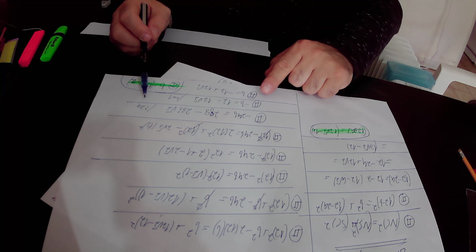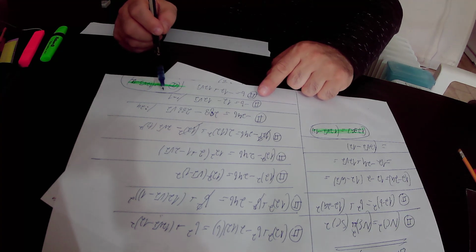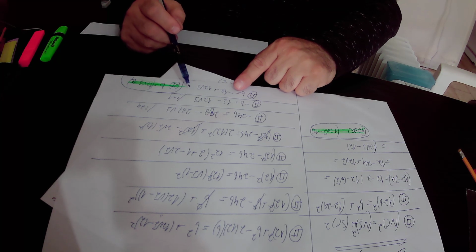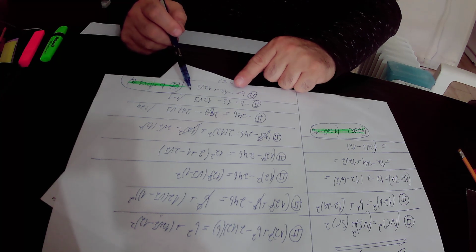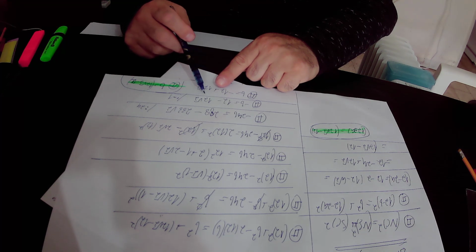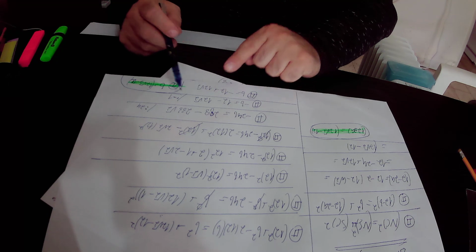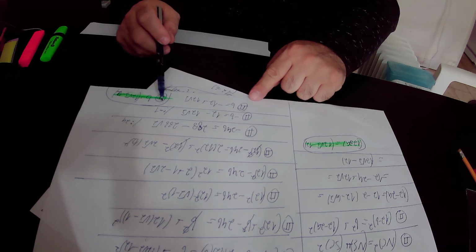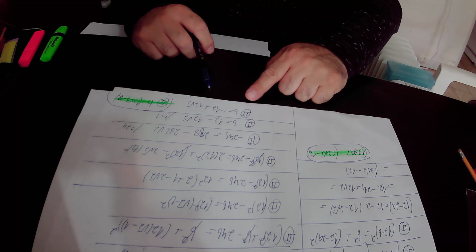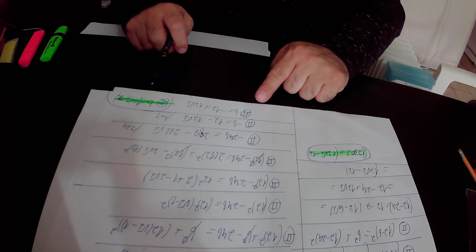Here we divided this equation by 24, and we got that minus b equals 288 over 24, which is 12, and minus 288 square root of 2 over 24 is minus 12 times square root of 2. We multiplied this equation number 2 by minus 1, and we got that b equals 12 times square root of 2 minus 12.